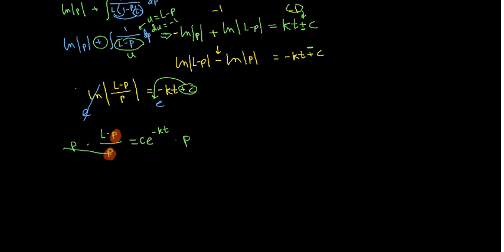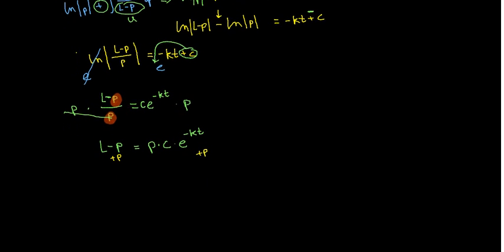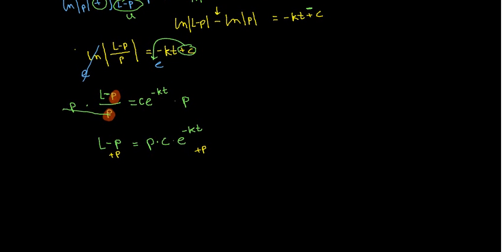So you have L minus P, equals P times c times e to the negative kt, and then I'm going to add P to both sides. Hopefully you can kind of see how I'm going to get P by itself here. So we're left with L equals P times c e to the negative kt plus P.